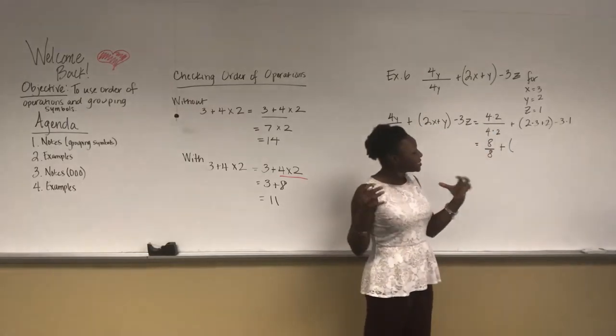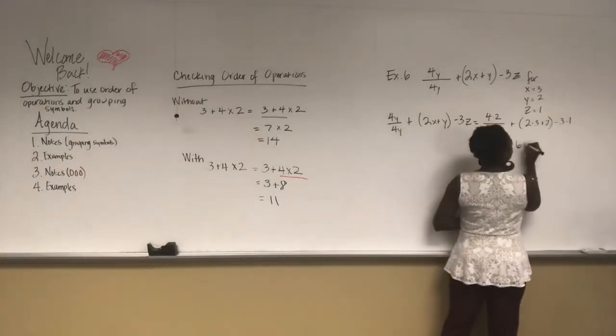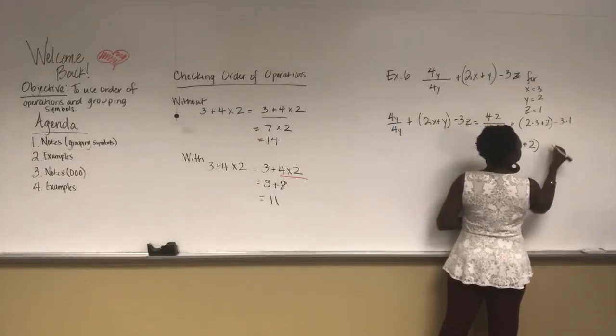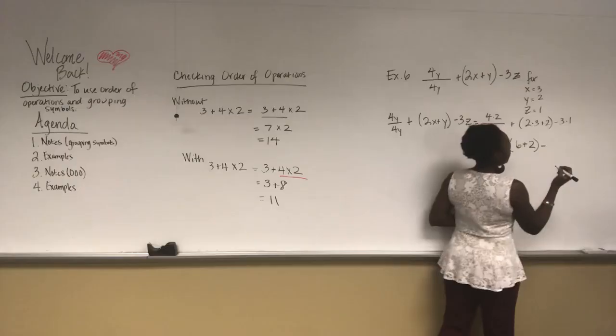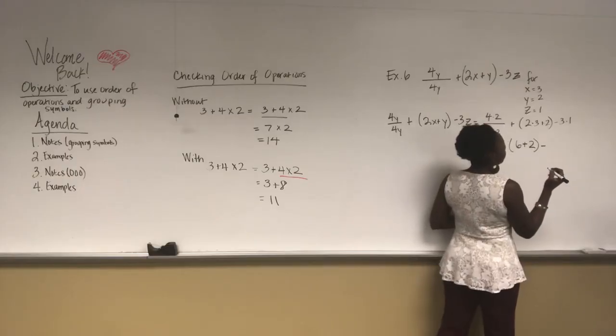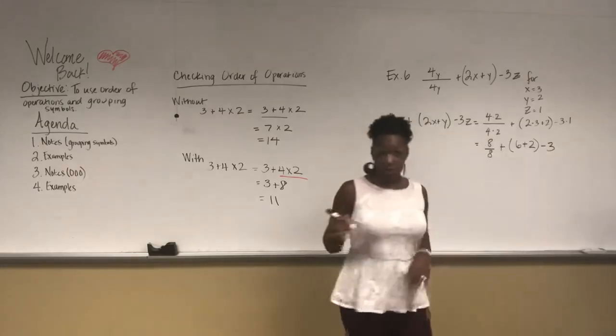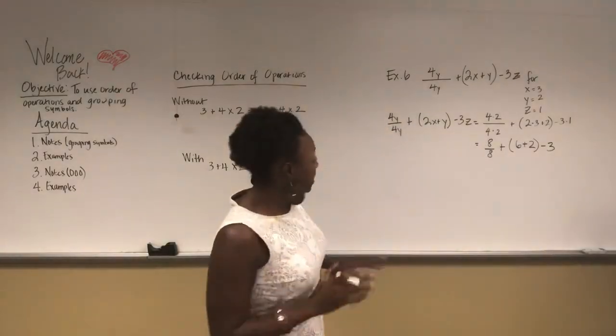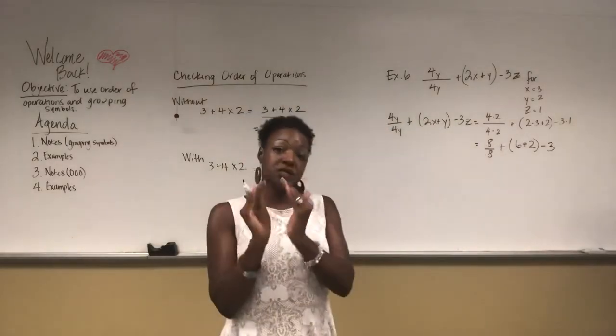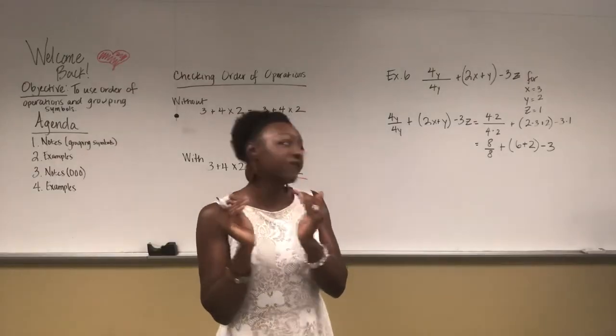So 2 times 3 is 6, plus 2, minus, and negative 3 times 1 is negative 3. At this point, we still need to go back to those parentheses and simplify in there first.